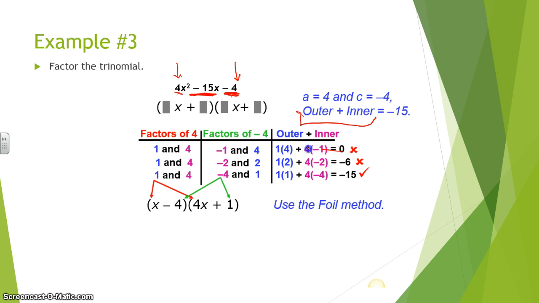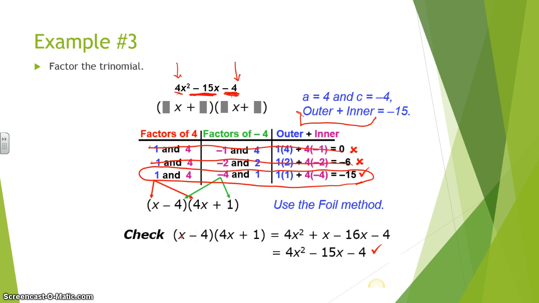That does not give me negative 15, so you can cross that out. 1 times 2, 4 times negative 2 does not give me negative 15, so you can automatically cross that out. 1 times 1 is 1. 4 times negative 4 is negative 16, so 1 plus negative 16 is going to give me negative 15. So these are the values you're going to use to set up the factors of this trinomial. So it's going to be x minus 4 and 4x plus 1. And you can check this by using the FOIL method.